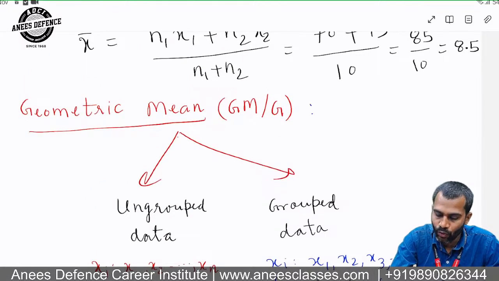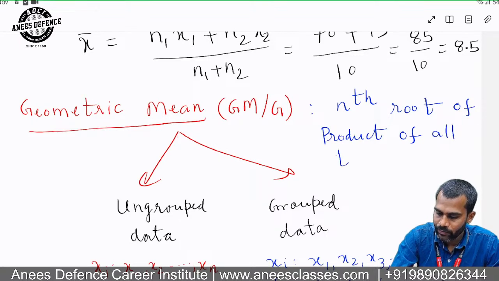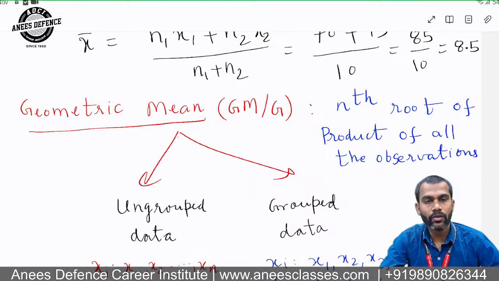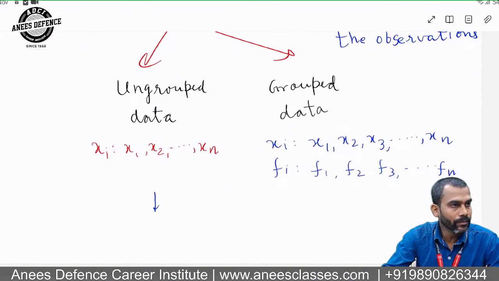I have already told you the definition of GM: nth root of the product of all the observations. So we have to multiply all of them.